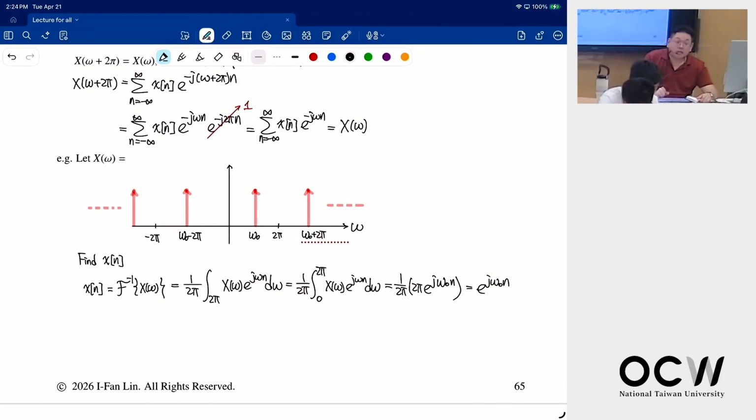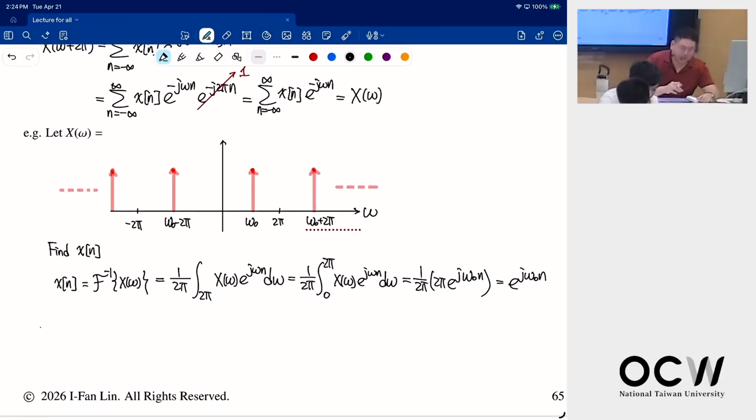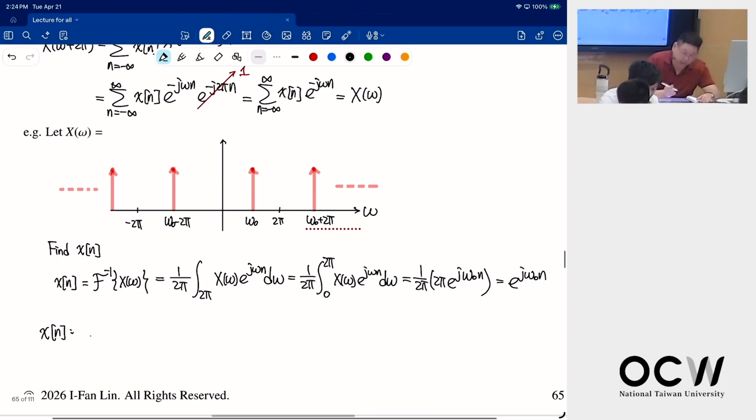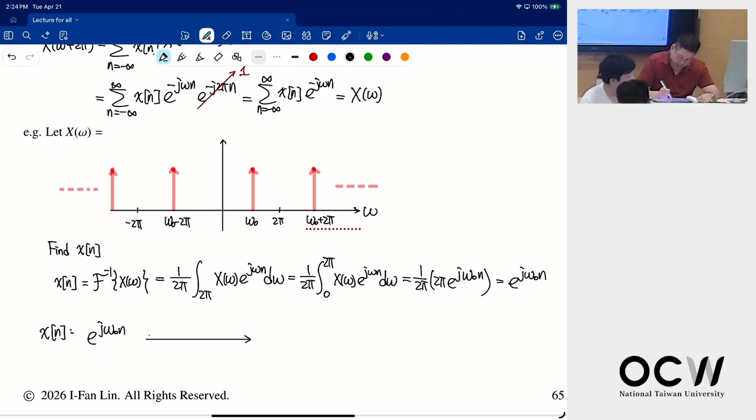So now you see for the signal, if it is a complex exponential, then in your frequency domain, there will be 2 pi times the pulse train.